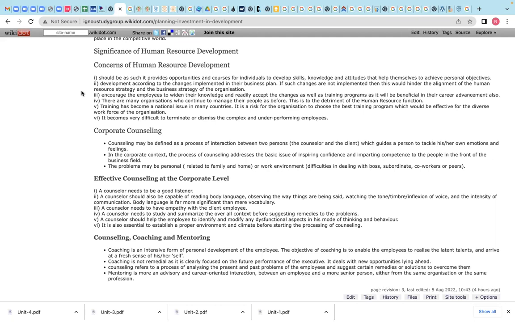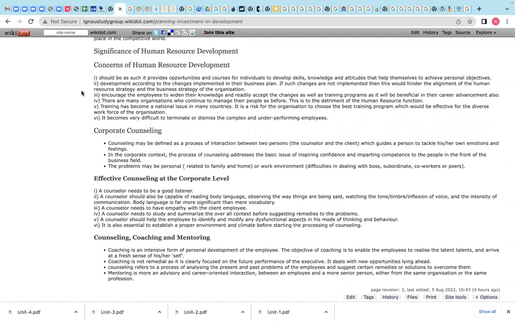Basically, a country as a whole or a culture as a whole might have a lot of control on certain things. So the way that you need to do training or various other aspects is going to be a little problematic. Being a true driver of the workforce is going to be a concern when you bring national issues into the picture. The last point is it is very difficult to terminate an employee. Even though they are underperforming, it's not easy to terminate.